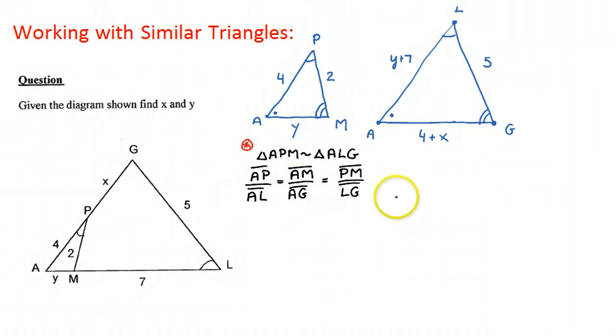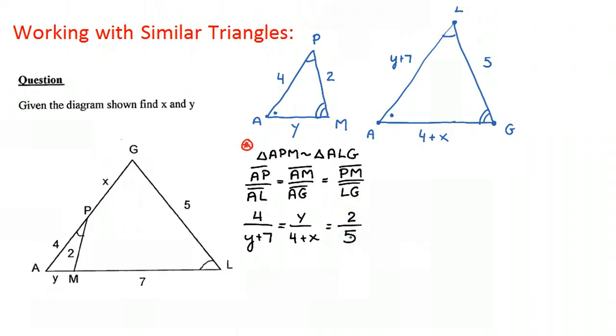So these are my ratios. And we can set any of these equal to each other because if they're similar shapes, the ratios are equal. So we know AP is 4 over AL is y plus 7. AM is y over AG, which is 4 plus x. And PM is 2 over LG is 5.